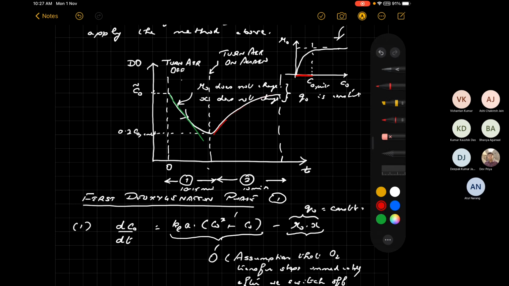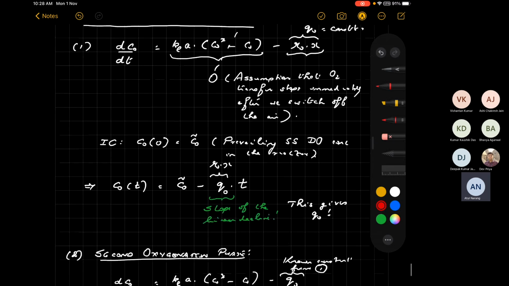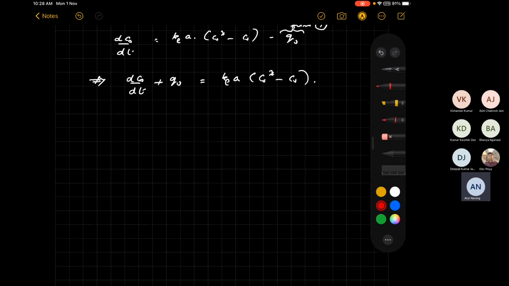So this phase, I have this data, CO versus time. From that data, I find out this quantity at every time, and then if I plot, actually, let me just show you.